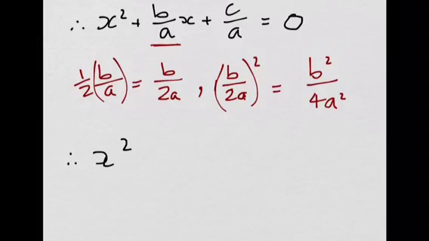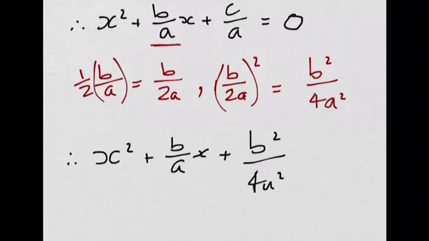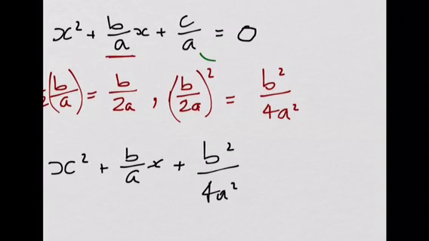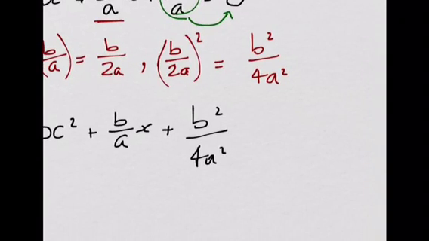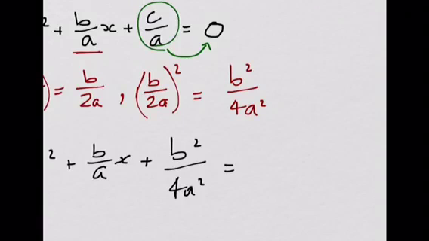Okay, so now we add that to both sides. Therefore, x squared plus b on a x plus, I missed one step, but we'll just put that in a second, b squared on 4a squared. We should have also moved this c on a to the other side, so we should have subtracted that from both sides before. So we'll just do that now, as well as adding the b squared on 4a squared.